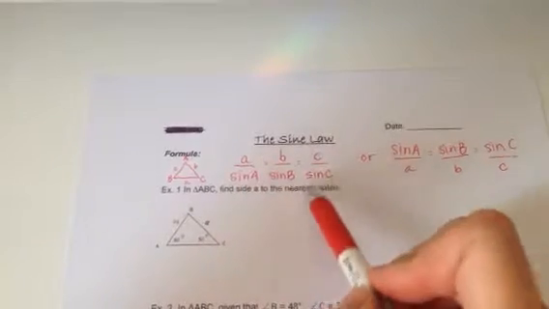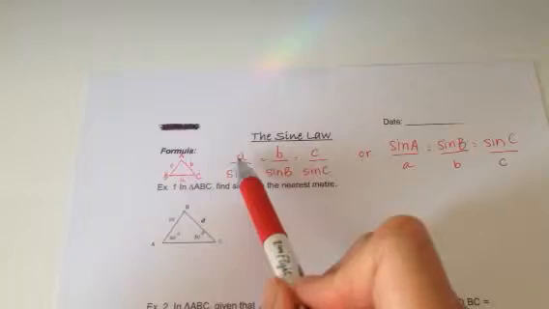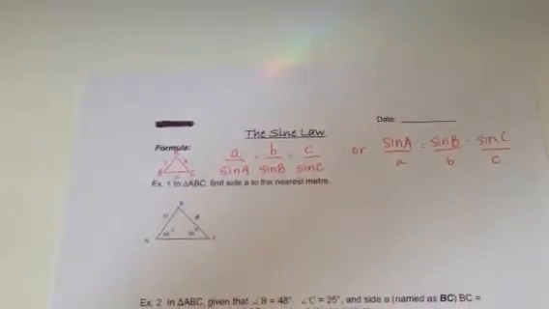So you'll never use all three together, but they are all equal to each other. Their ratios are all equal. So you can choose any two of these, and I'll show you what I mean with the examples.